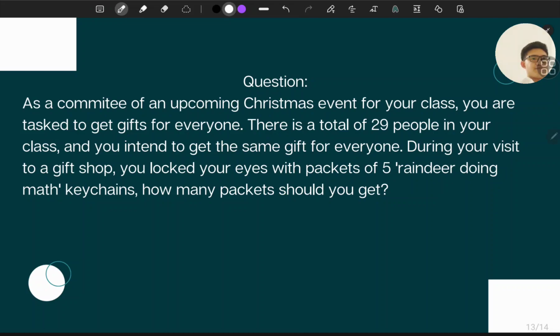There's a total of 29 people in the class, and you have 5 keychains per packet. So the number of packets you should get is 29 divided by 5, and you will need it to be in ceiling. Is it? Yes, ceiling.